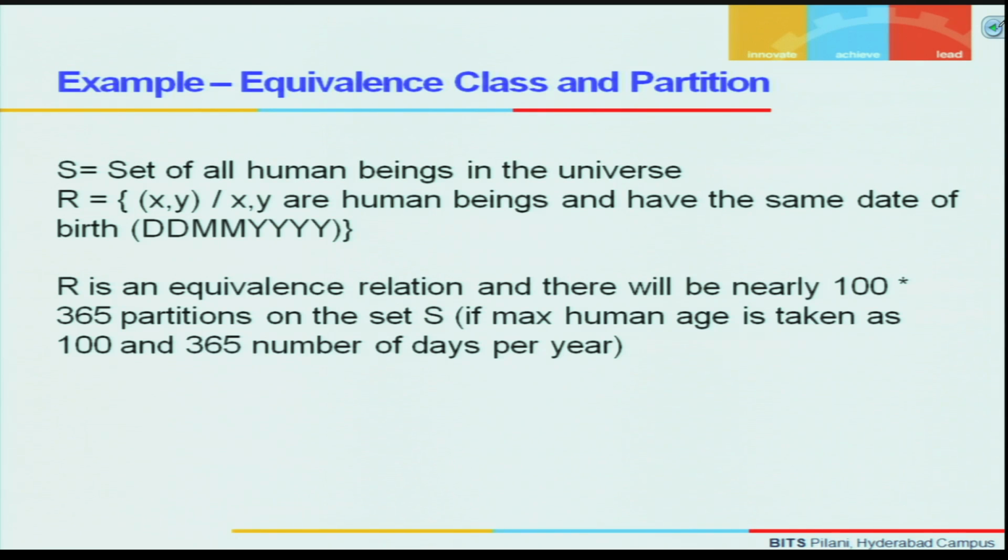The whole set of human beings can be partitioned into 100 into 365 sections, and all the people in each section have the same equivalent property, that is, all of them have the same date of birth. So basically an equivalence relation partitions the set A into some sections, and the elements of each section are equivalent.